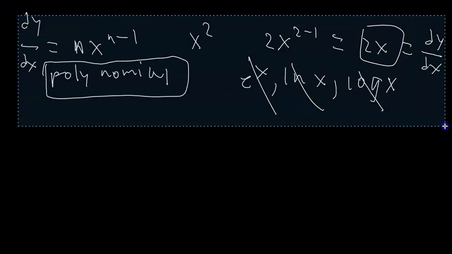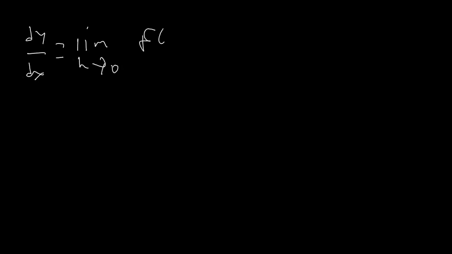So now, let's get into more depth of the derivative. In order to prove the power rule, I will now go back to the algebraic form of the derivative, which is the limit, as h approaches 0, of f of x plus h minus f of x, over h.